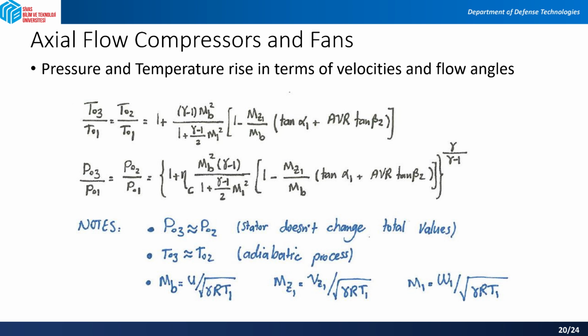By the way, the Mach number with subscript B is obtained from the peripheral velocity U. But Mach numbers with subscript z are obtained from your axial velocity, and Mach numbers without any subscript are the relative Mach numbers.